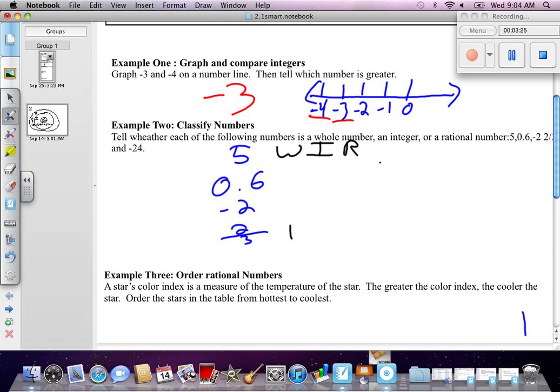Whole, integer, rational? Rational. -2. Is it a whole number? Is it an integer? Yes. So it's also rational.